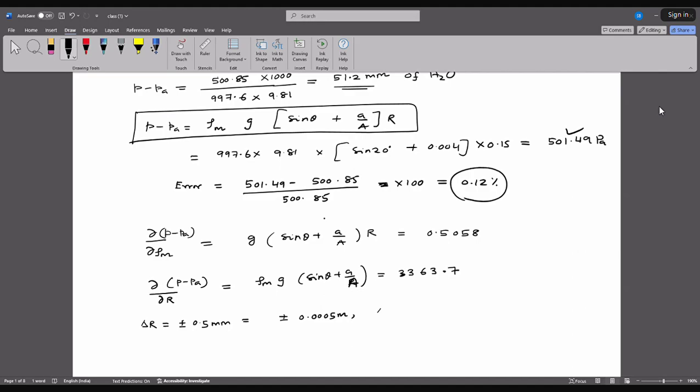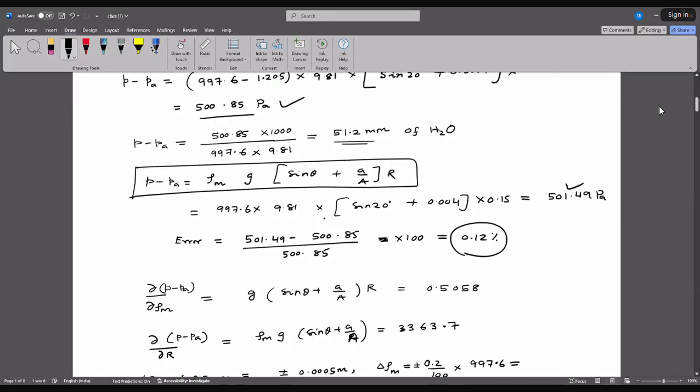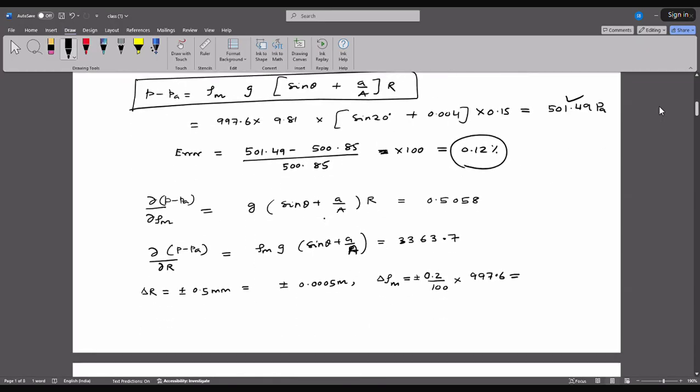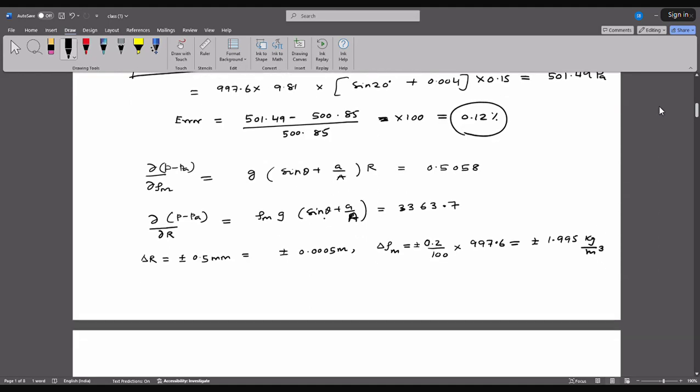Similarly, the uncertainty in the manometric liquid density is given as 0.2%, that is plus minus 0.2 over 100 into 997.6, the density of the manometric liquid. 0.2% of that, so the actual value will be plus minus 1.995 kg per meter cube. So we know the gradients, we know the uncertainty values.